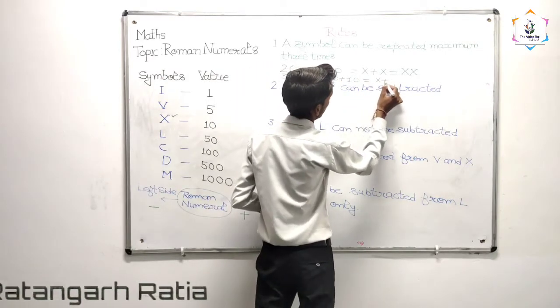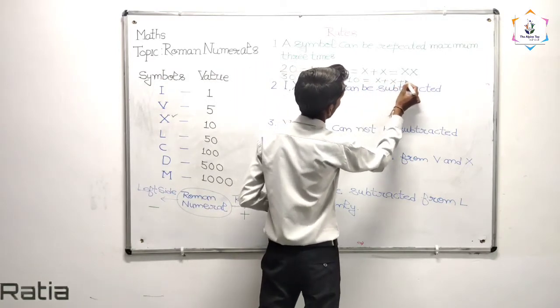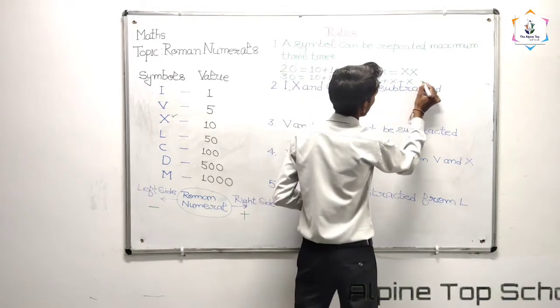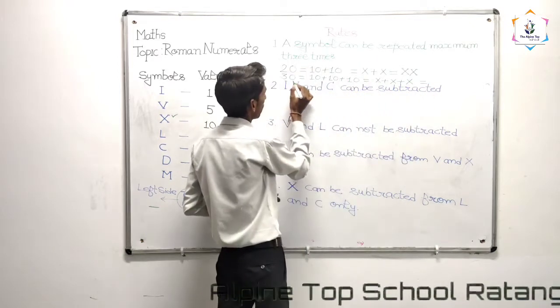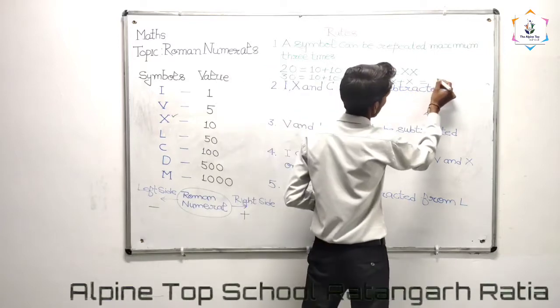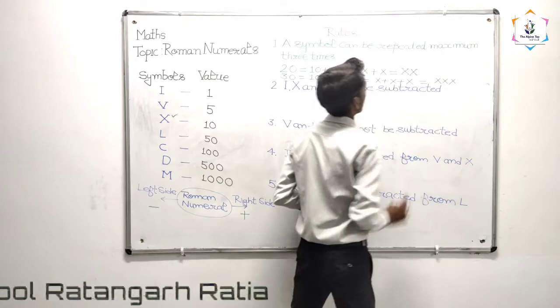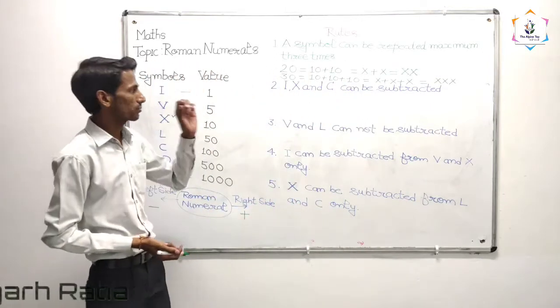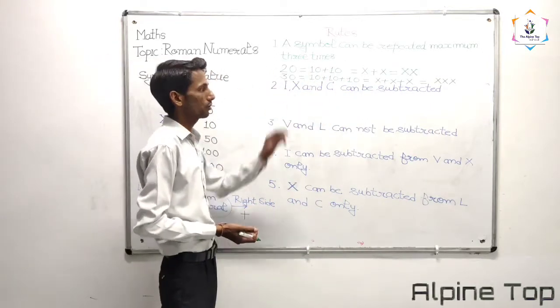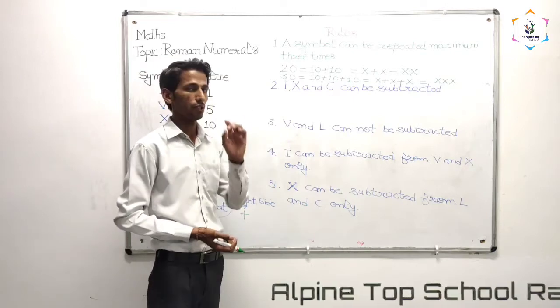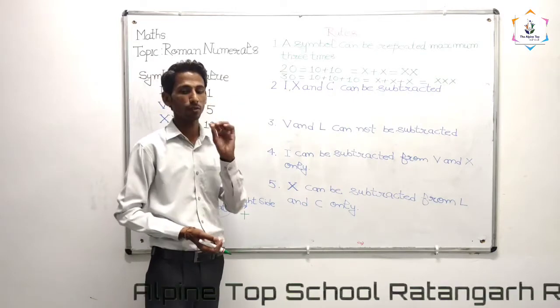X plus X plus X means in Roman numerals we can write 30 as XXX. It means we can repeat any Roman numeral maximum 3 times. If you repeat more than 3 times, it will be wrong.